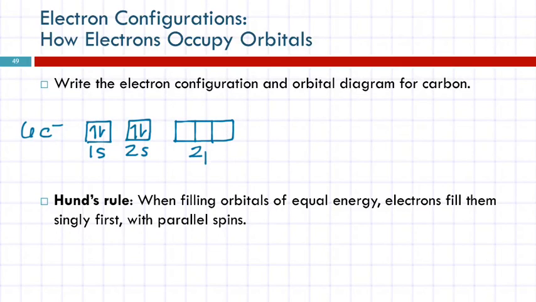And that's 2p. And so when we stick the electrons in there, they're going to fill them one at a time first. And that's what Hund's rule tells us. When filling orbitals of equal energy, electrons fill them singly first with parallel spins. So once it's filled up, then you can add it to another seat. Yeah. So the next electron would go here, and then after that, they would start pairing up.